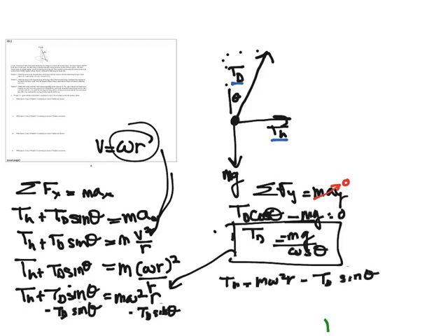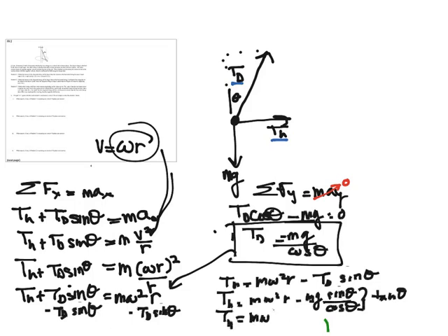But I know that TD is really mg over cosine theta, so I have TH is equal to m omega squared r minus mg sine theta over cosine theta. I know that this is really tangent, so I have TH is equal to m omega squared r minus mg tan theta. I'm going to put a box around it and keep it for a minute.